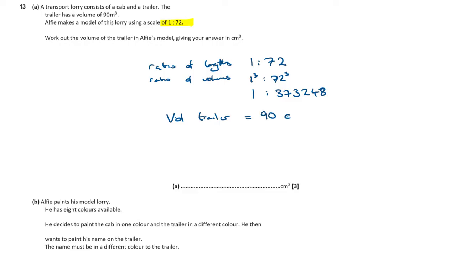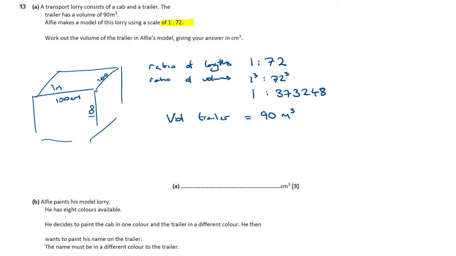Okay, now the volume of the full trailer is equal to 90 cubic meters. What's that in cubic centimeters? Now, 1 meter is 100 centimeters, isn't it? So if you think about a cubic meter, which is 1 by 1 by 1, this is going to be 100 times 100 times 100 in centimeters, isn't it?